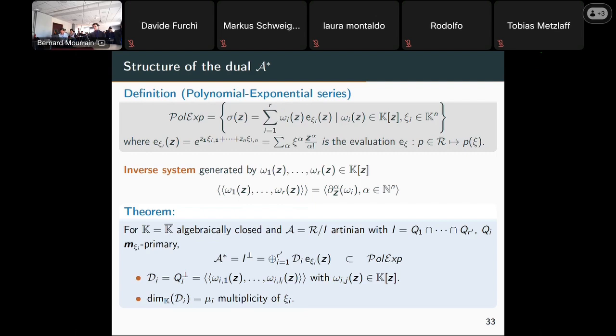The structure of the dual of this Artinian algebra is as follows. You have the dual A star, which is the direct sum of some vector spaces Di, each of which is some inverse system spanned by a finite number of polynomials omega i.